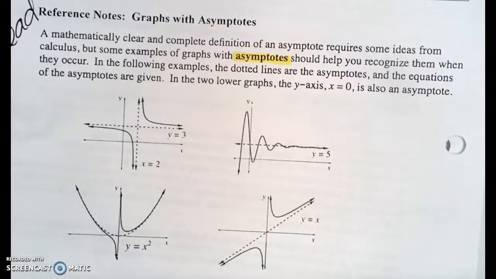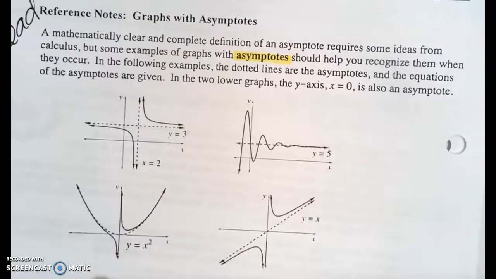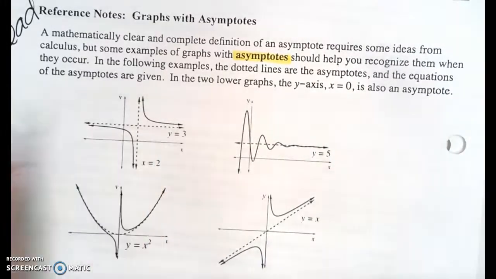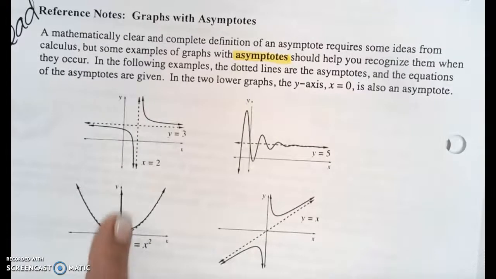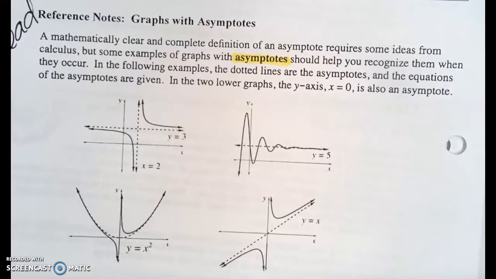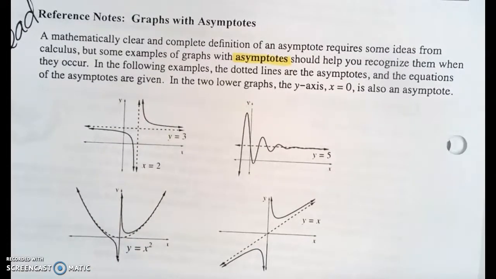Notice the asymptotes are dashed, so they're not confused with the x-axis and the y-axis. But they did say that in these bottom 2, the y-axis is also an asymptote. So there is an asymptote right here, but the problem is when you draw it on top of the axis, you're not necessarily seeing it.